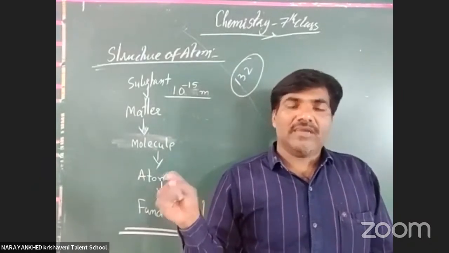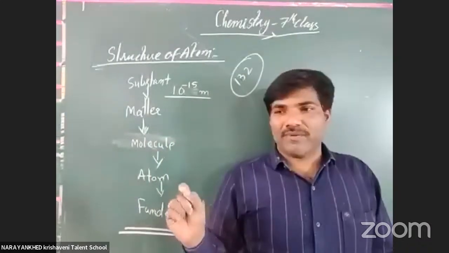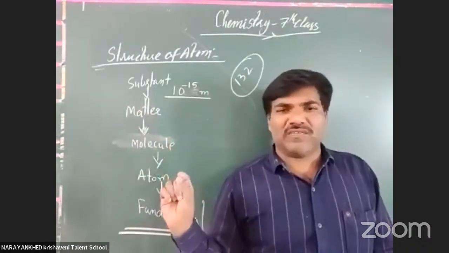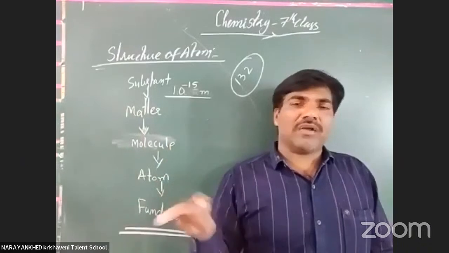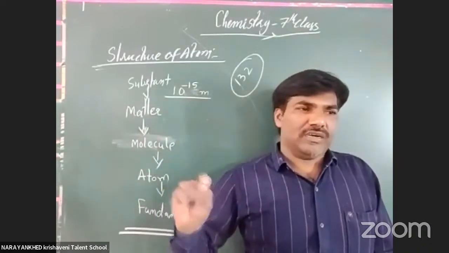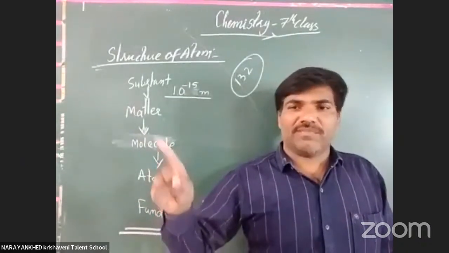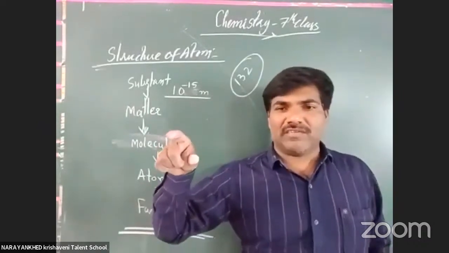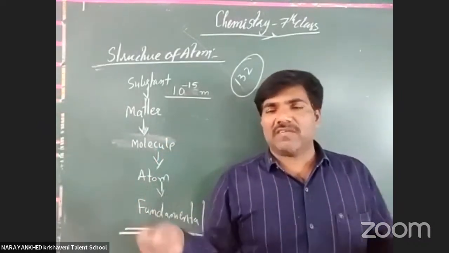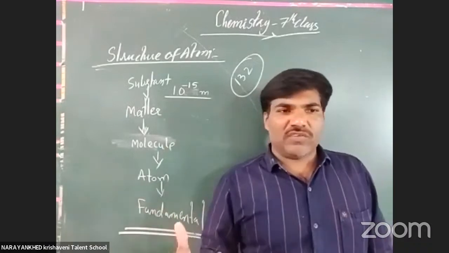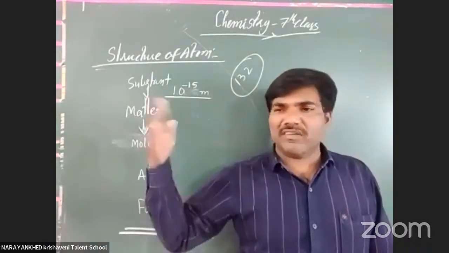What is this atom? Atom to atom is different. The atom of another substance is different. Suppose you take a hydrogen atom. This is one type of atom, and that is why it is called hydrogen. We will discuss later. Suppose you take oxygen, that is different. Nitrogen is different.